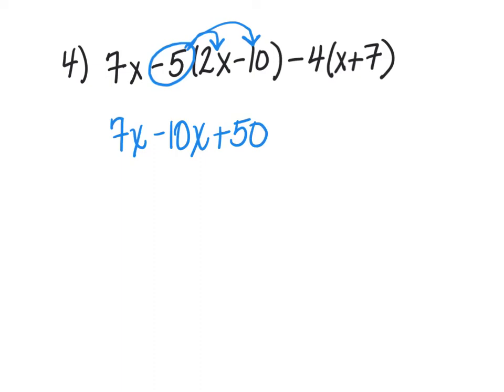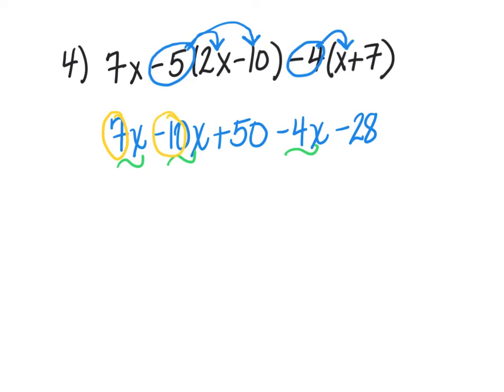And now I'm going to distribute the negative 4 to both terms. So negative 4 times x is negative 4x. Negative 4 times 7 is negative 28. Now I'm going to combine like terms. So I've got a 7x and a negative 10x and a negative 4x. These are all like terms, so I'll be adding the coefficients: 7, negative 10, and negative 4.